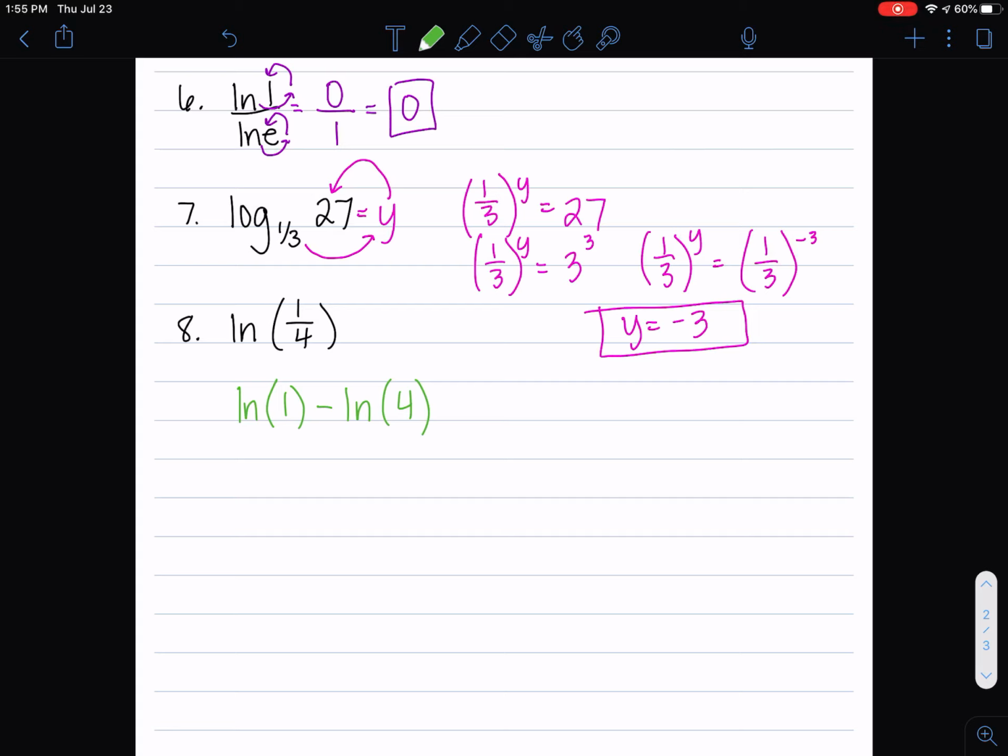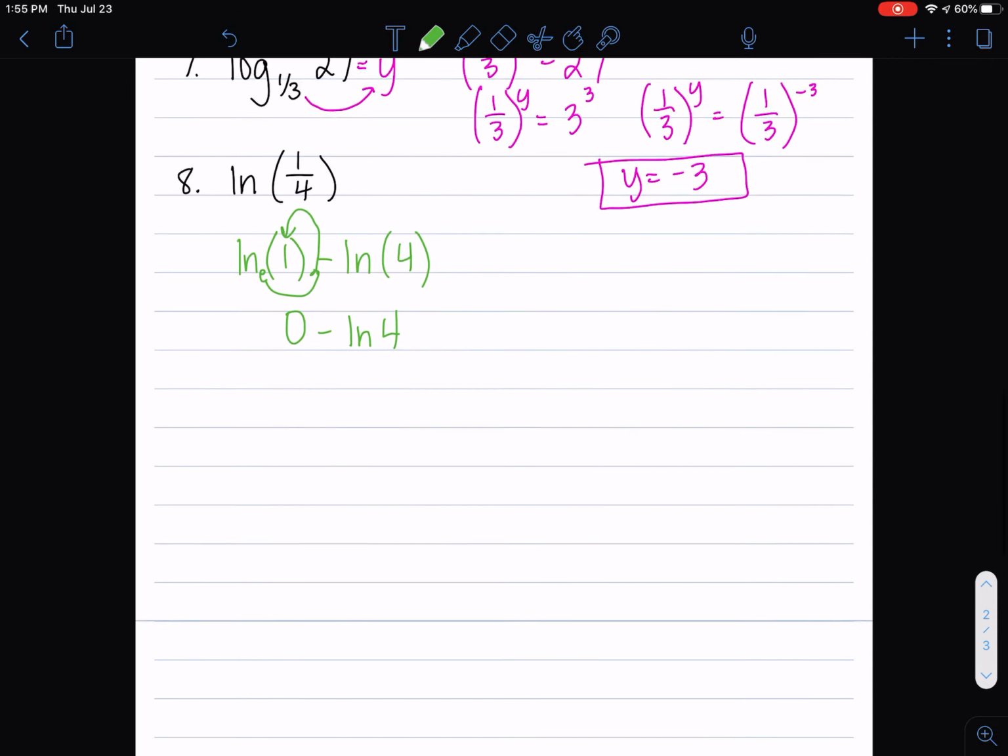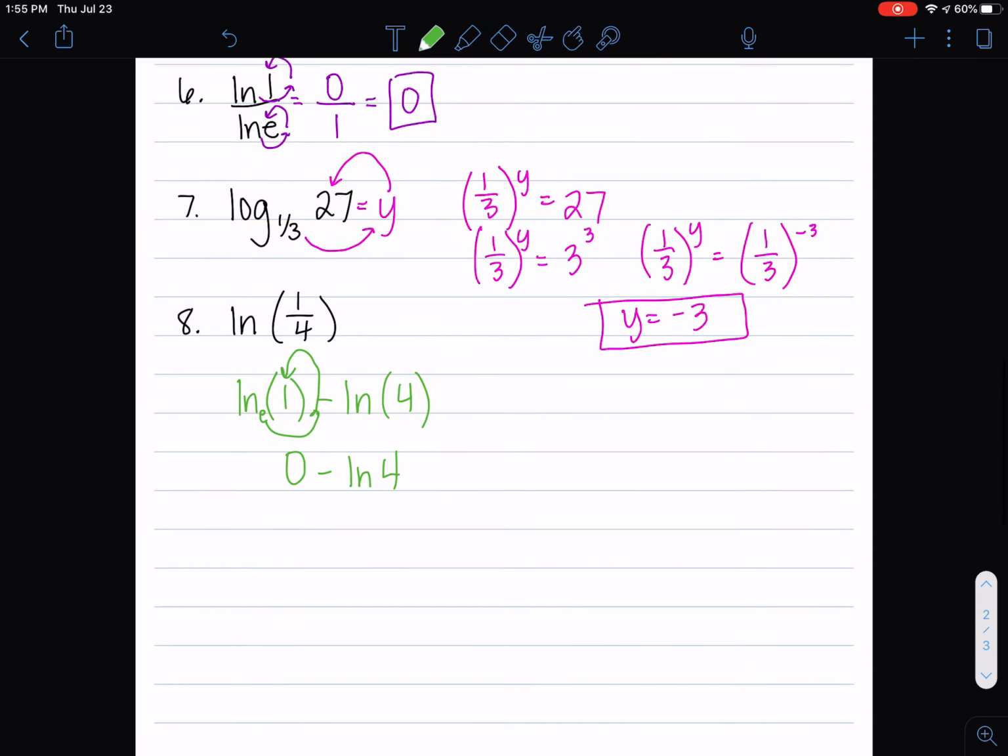I do. I know the natural log of 1. e to what power gives me 1? e to the 0. Because remember this is e. e to what power gives you 1? It's got to be 0. Minus natural log of 4. So now I really can just cancel that out, and I can just say my answer is going to be negative natural log of 4.